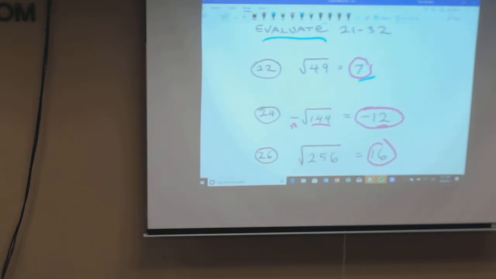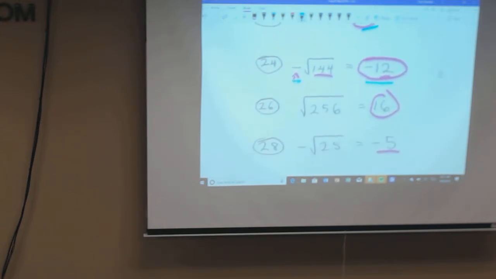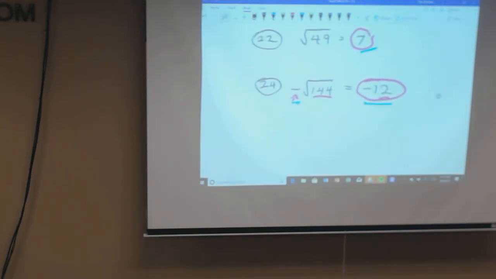24. What's the square root of 144? And what's in front of that square root sign? A negative. So we make it negative 12. Number 26. You go, what? Well, put 256 in there.